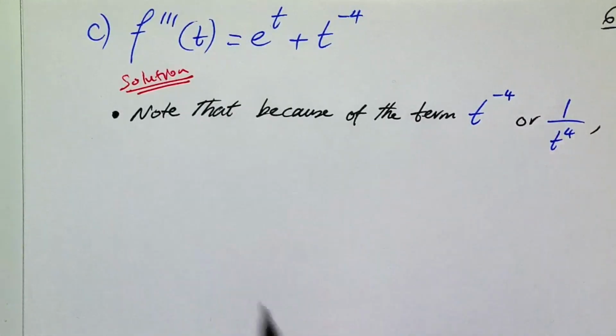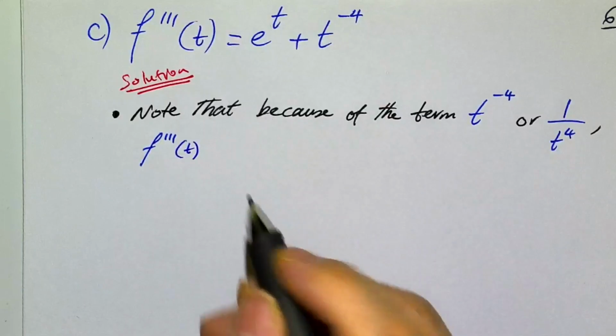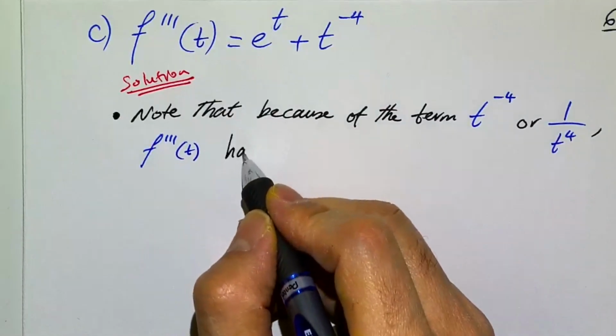Then f triple prime of t, that one that we are given has this domain.